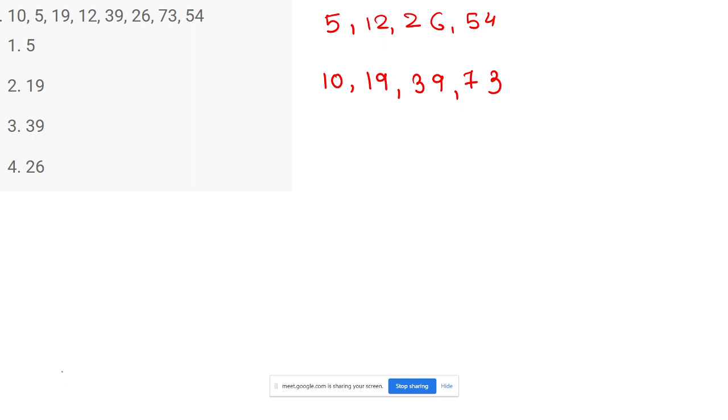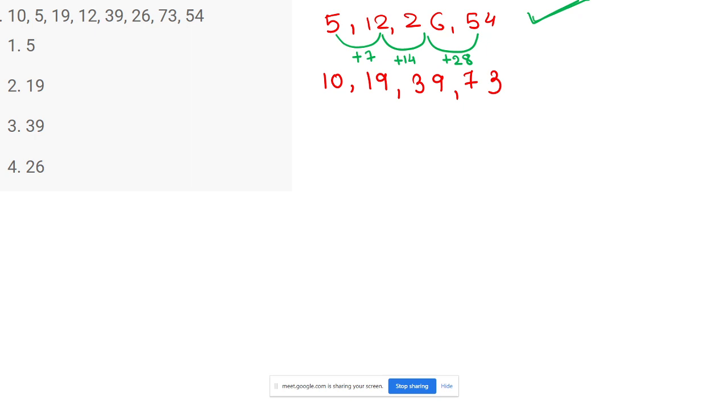The first thing that I observe over here is the differences are plus 7, plus 14, then plus 28. So I think over here there is no problem.